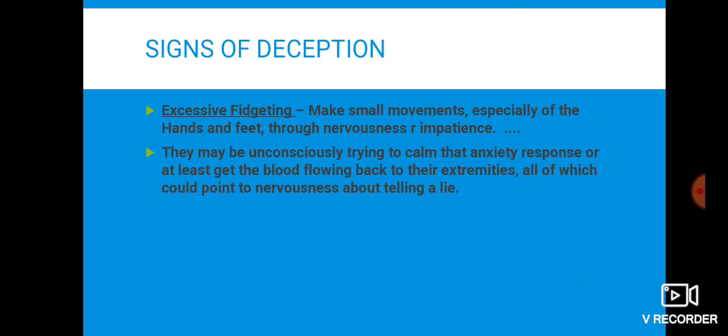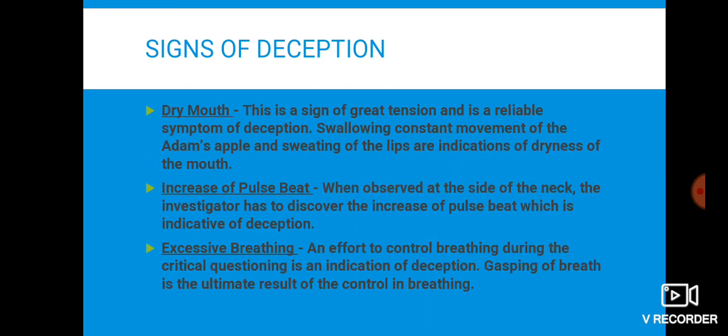Next, excessive fidgeting. Make small movements, especially of the hands and feet, through nervousness, impatience. They may be unconsciously trying to calm that anxiety response or at least get the blood flowing back to their extremities, all of which could point to nervousness about telling a lie.